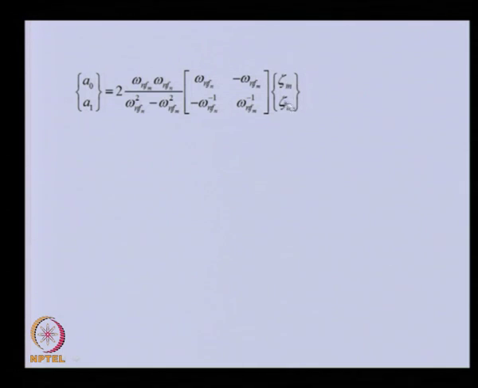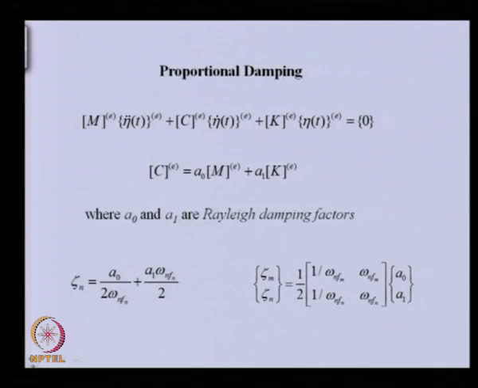Once we get a0 and a1, our C matrix is defined. We generally use this if we want to introduce some kind of damping in the system to have a more realistic analysis of a rotor system. This particular damping is the shaft damping itself, but it is proportional to mass and stiffness.